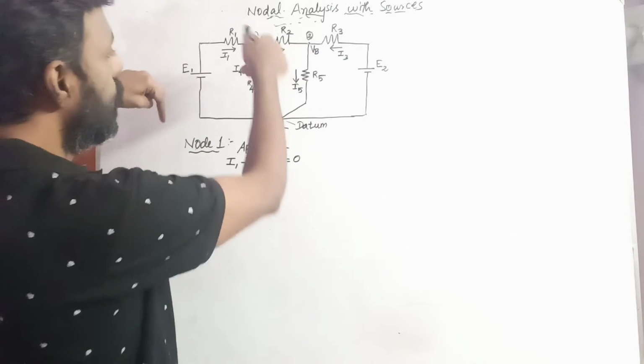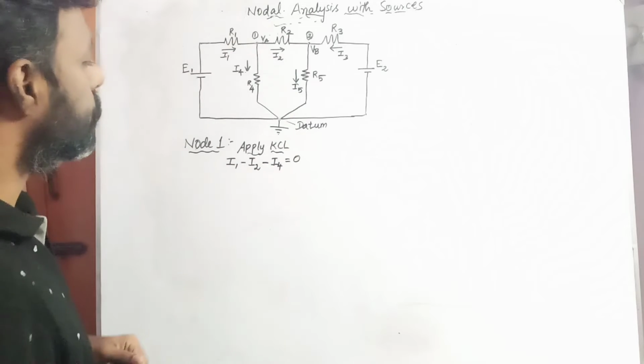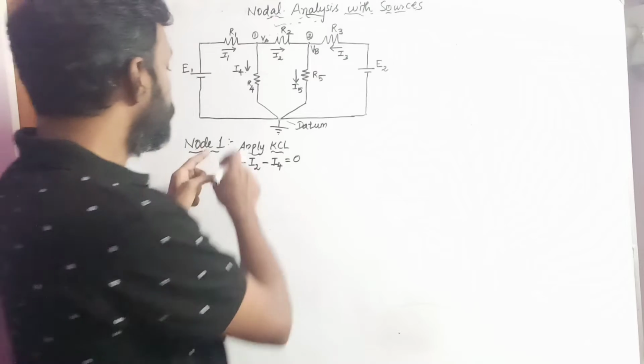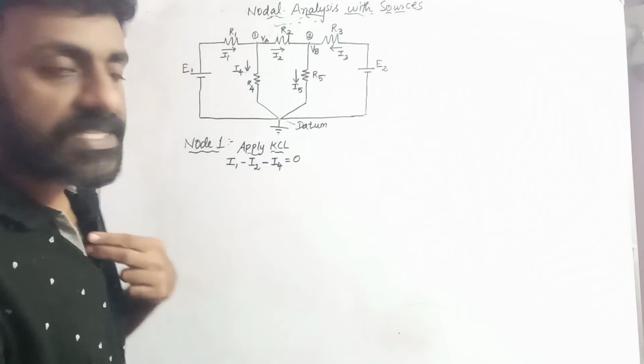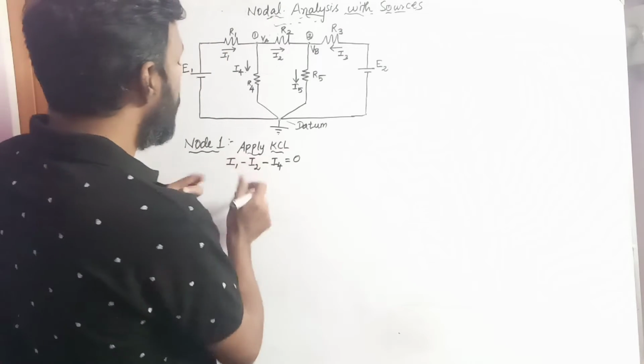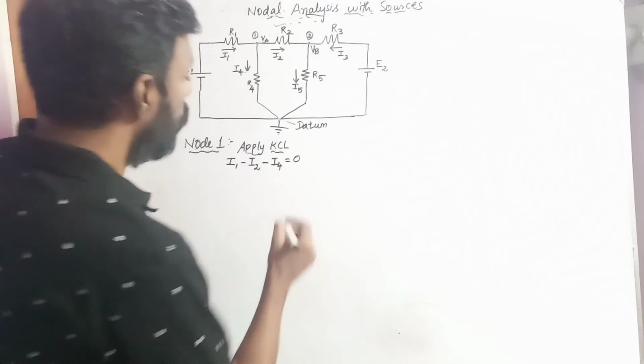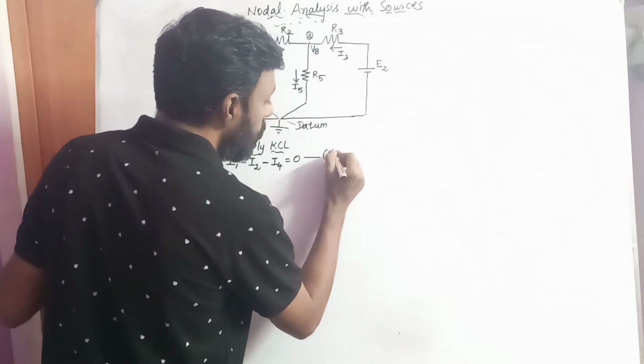I1 minus I2 minus I4 equal to 0. So now I have framed an equation and I need the value of these individual currents. I want to find the value of I1, I2 and I4. Let us assume that this is equation number 1.